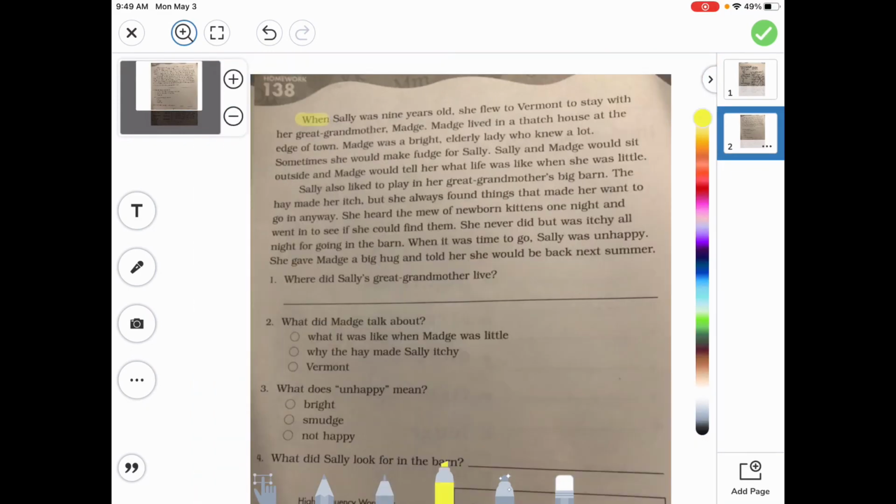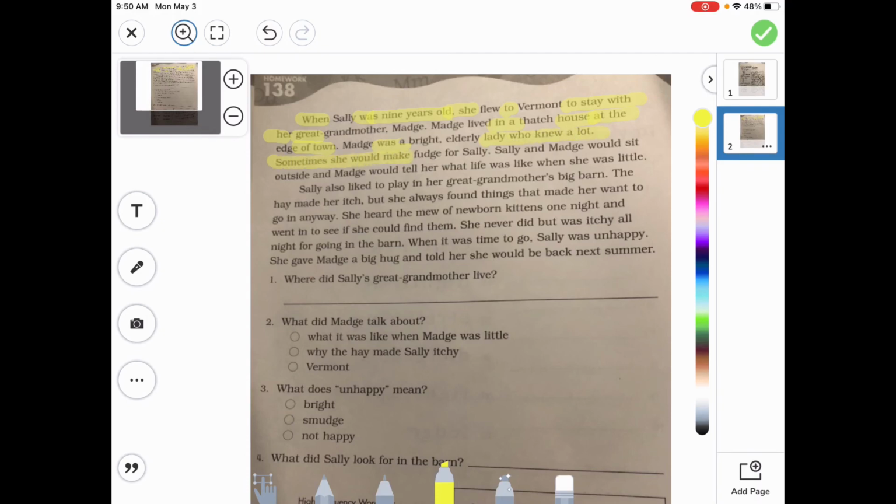So when Sally was 9 years old, she flew to Vermont to stay with her great-grandmother, Madge. Madge lived in a thatch house at the edge of town. Madge was a bright, elderly lady who knew a lot.